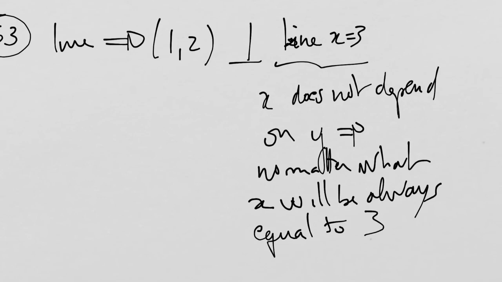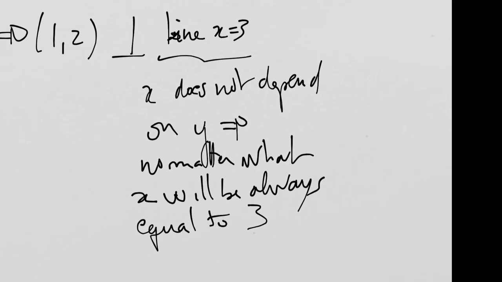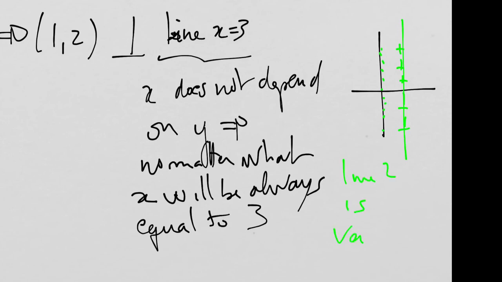So if I decide to graph this line number 2, no matter what value of y, I will have x = 3. So that means my line number 2 is vertical.